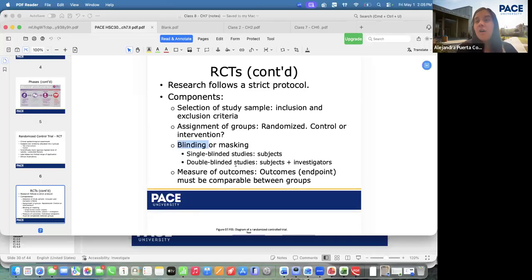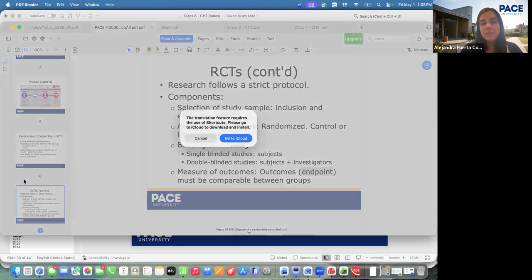Interviewer bias, Hawthorne bias, right? Hawthorne effect. You have a bunch, okay. And the measure of outcome, now we won't call it outcome anymore, we'll call it endpoint.